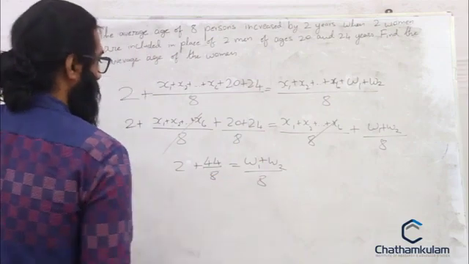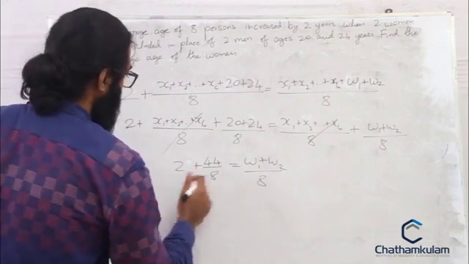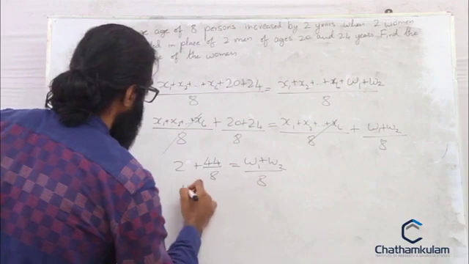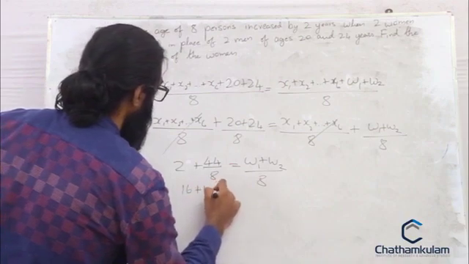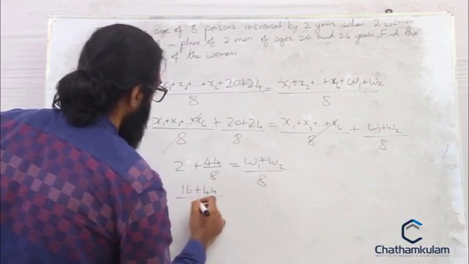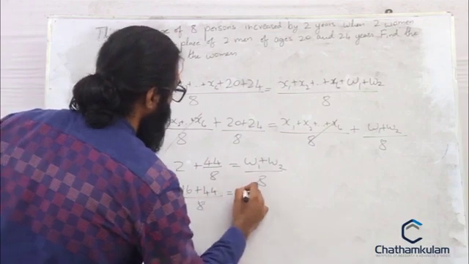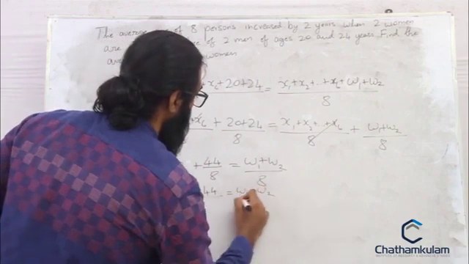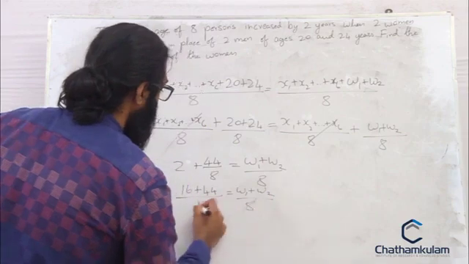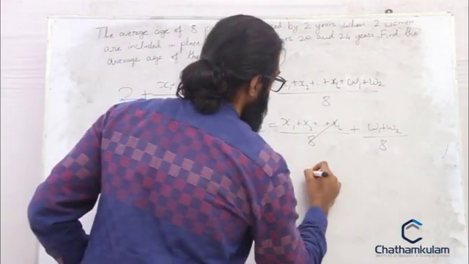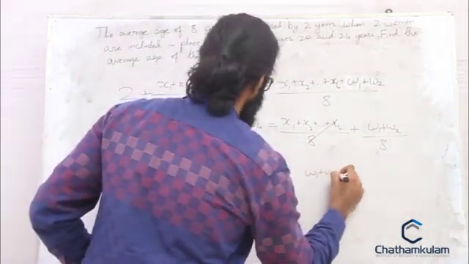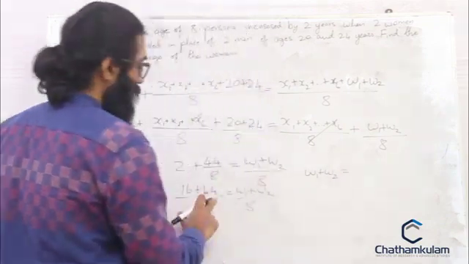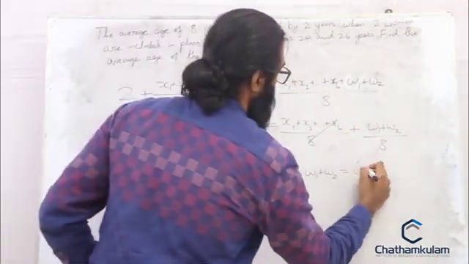So we take the LCM here and we get it as 16 plus 44 by 8 equals W1 plus W2 by 8. 8 and 8 get cancelled, so we get W1 plus W2 is equal to 16 plus 44, which is 60.